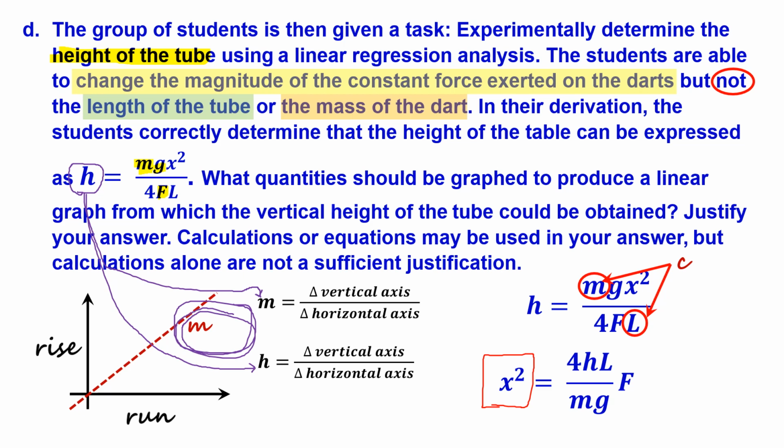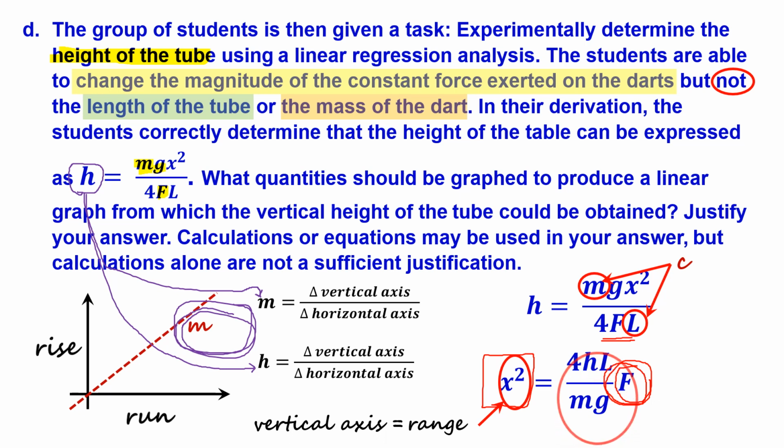So every dependent variable should always be on the left side of the equation. And that left side of the equation will change into your range. Independent variable should always be on the right side of the equation. So this is your range, which is your vertical axis, and F, that is your domain or horizontal axis.